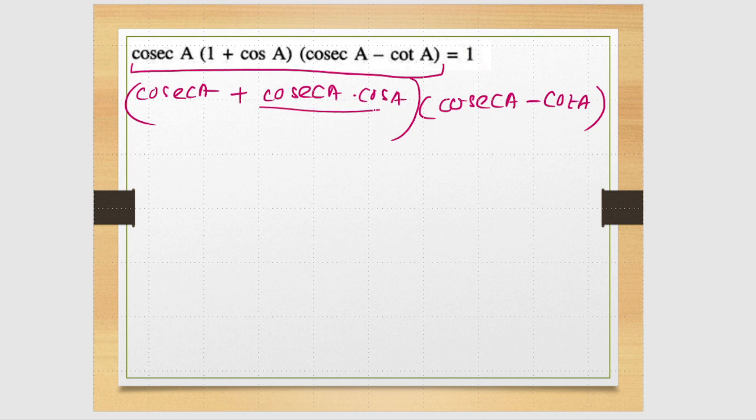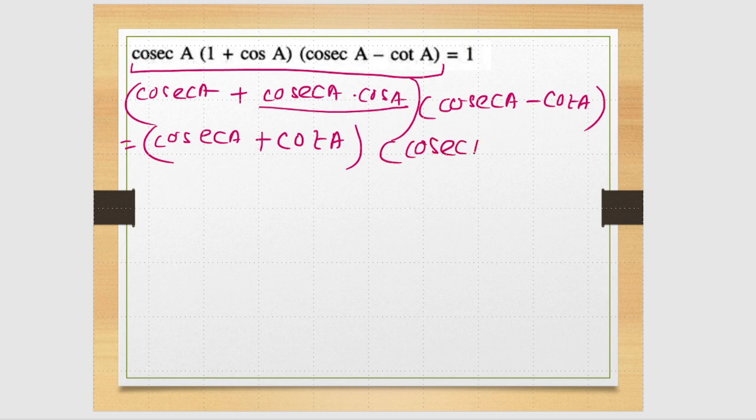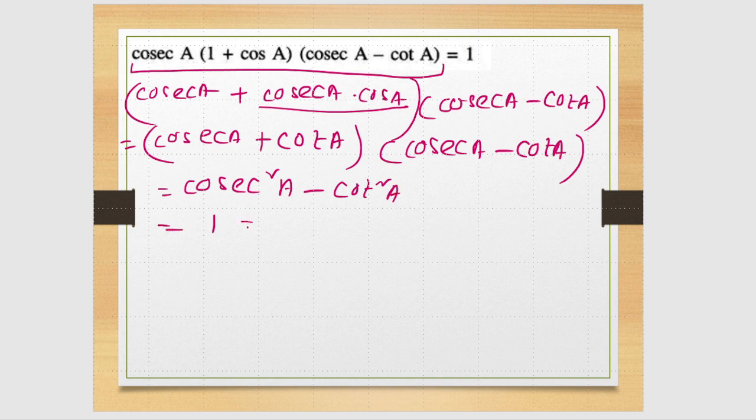Cosec A into cos A is cot A. So now the next is cosec A plus cot A over cosec A minus cot A. So now cosec²A minus cot²A, which equals 1, which is your RHS, and proved. Got it?